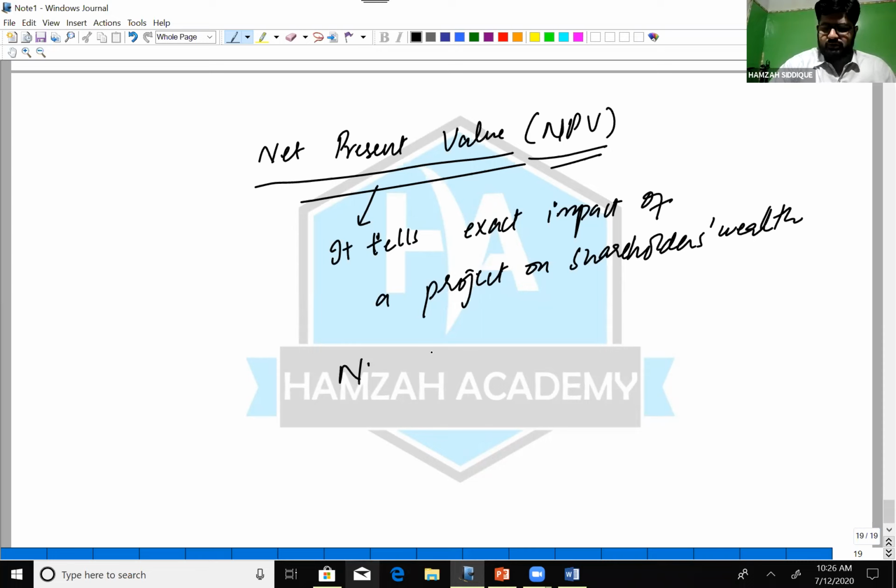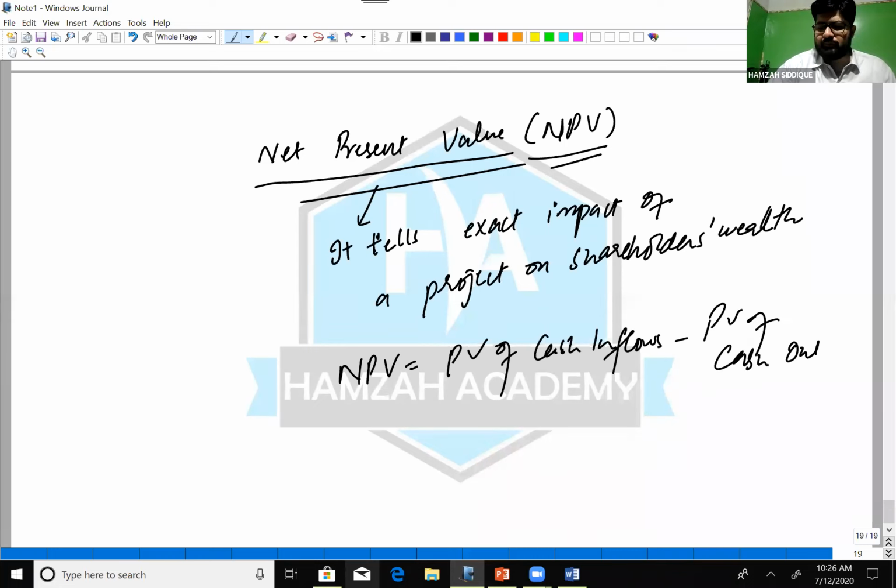NPV is equal to present value of cash inflows minus present value of cash outflow. Students, let us learn it by an example. So this is a project and its cash flows: 1000, 400, 300, 420 and 350.